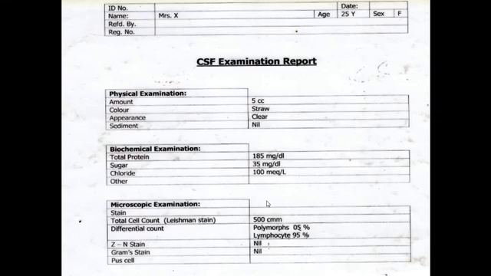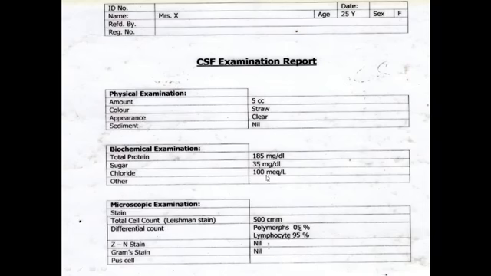Yes, you are right. In mycobacterial infection, total protein is increased, sugar reduced, and lymphocytes 95%. So this is the diagnosis of a tubercular CSF examination report. On the other hand, if it is purely bacterial, polymorphs will be highly increased, lymphocytes slightly increased. The remaining part is a bit similar.